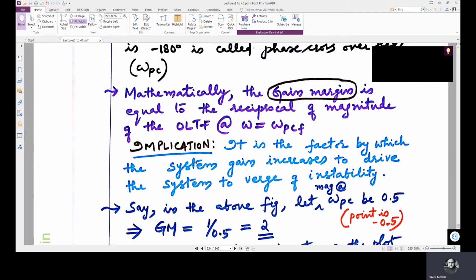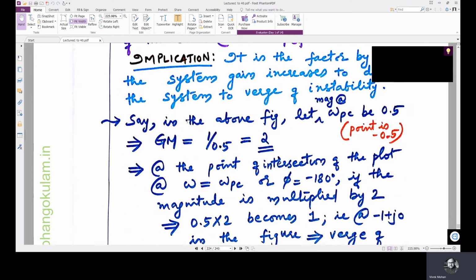Suppose we add a gain K1, then it's like multiplying the magnitude of the transfer function by K1. If we multiply with this particular gain, the system will move to the verge of instability. That margin gives the gain margin. We'll see an example and check whether this implication is right.